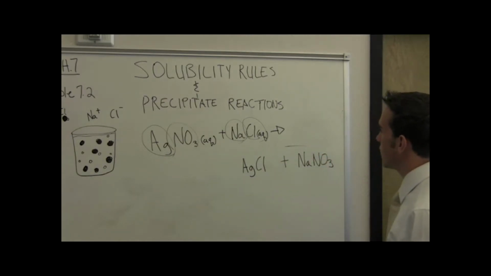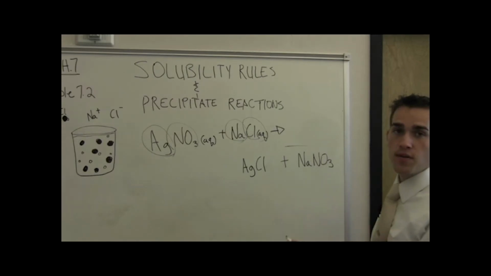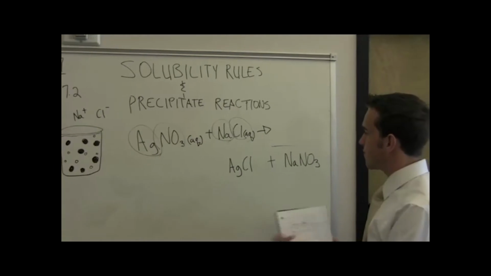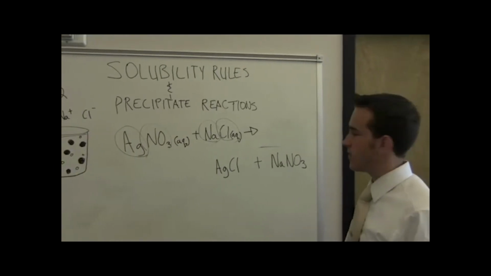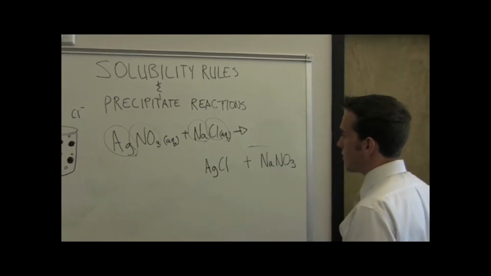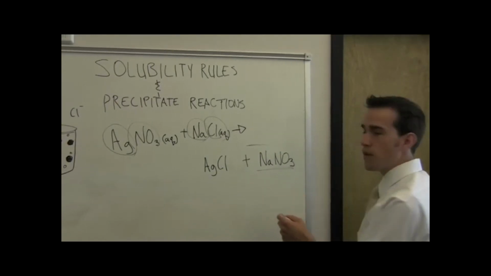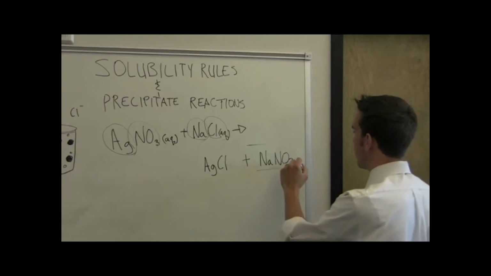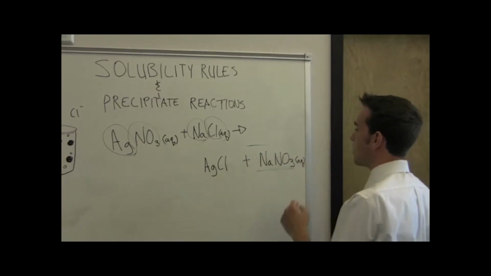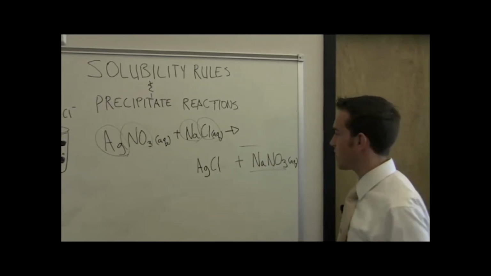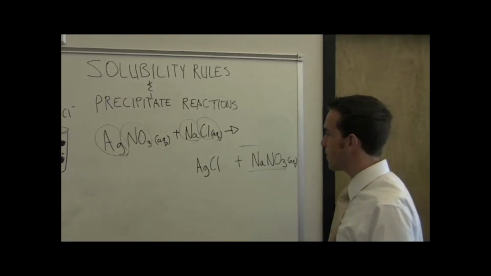Now the question is whether both of these are soluble, whether they're both insoluble together, or if it's only one, and which one it is. We can look at this compound and we'll know that it's soluble. It'll be aqueous, based on our solubility rules: the sodium is always soluble because it's an alkali metal, with no exceptions.